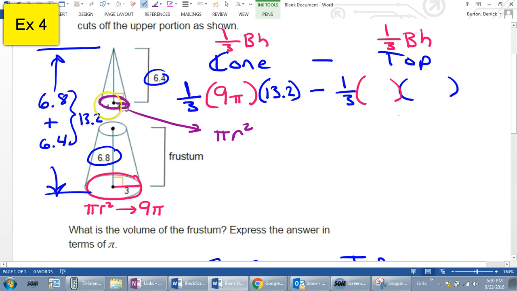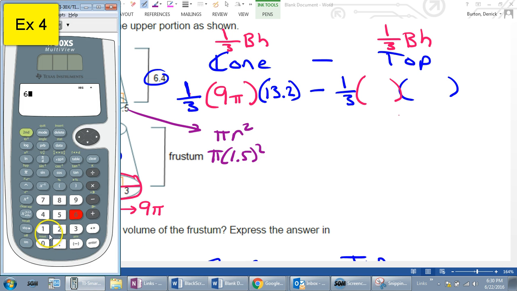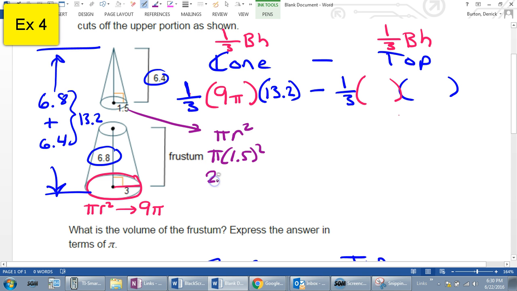Okay, so the little base is a circle, pi r squared. The radius there is 1.5. So that's pi and then 1.5 squared. Okay, so 1.5, whoops, I don't know where that 6 came from. 1.5 squared is 2.25. So that's 2.25 pi.